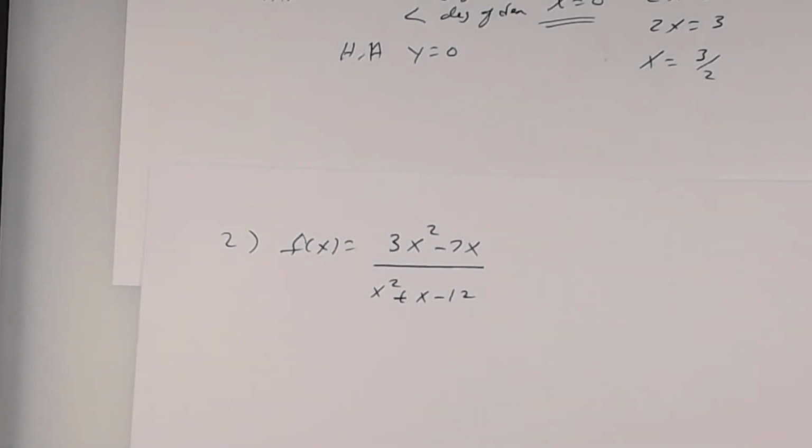So 3x squared minus 7x divided by x squared plus x minus 12. I want you to find the horizontal asymptote and the vertical.